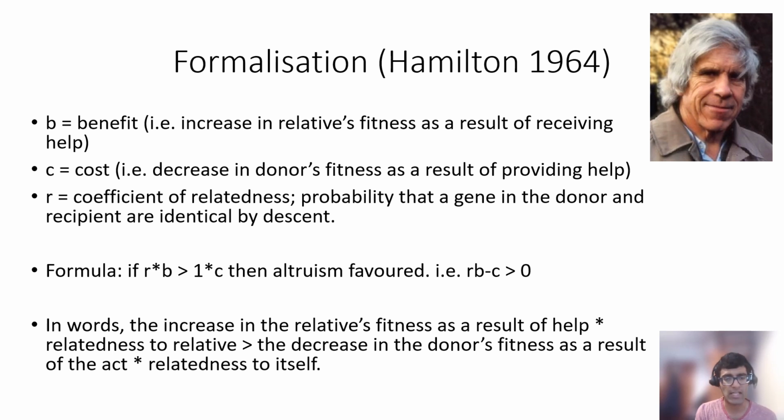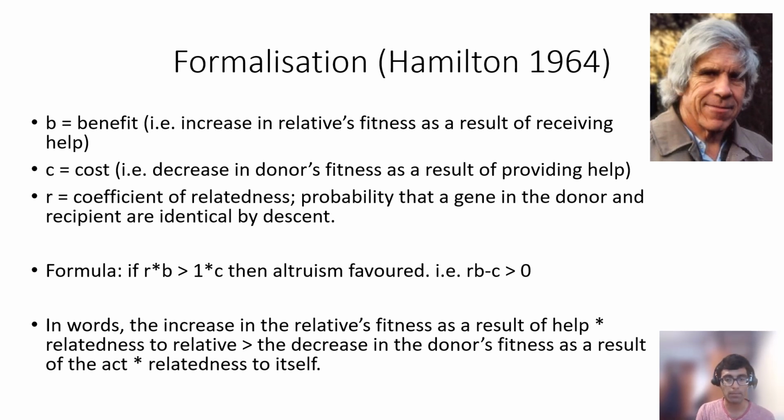So what Hamilton said is, let B be the benefit of the behavior. So that's the increase in the relative's fitness as a result of receiving help. C is the cost, i.e. the decrease in the donor's fitness as the result of providing help.